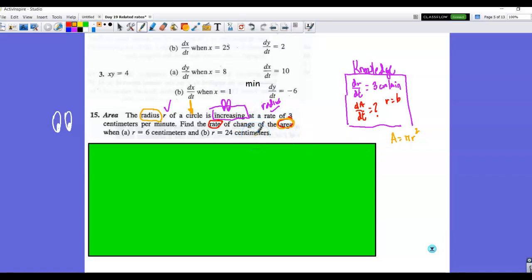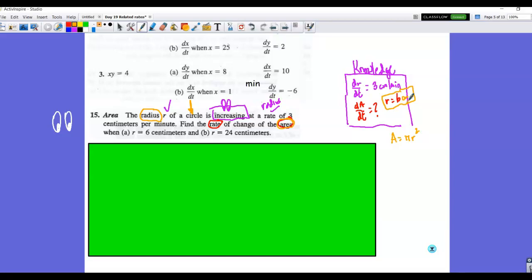Now, one of the important things about related rates is do not ever substitute a changing quantity before differentiation. Meaning this radius of 6 centimeters, it's not a fixed radius. This circle is growing.